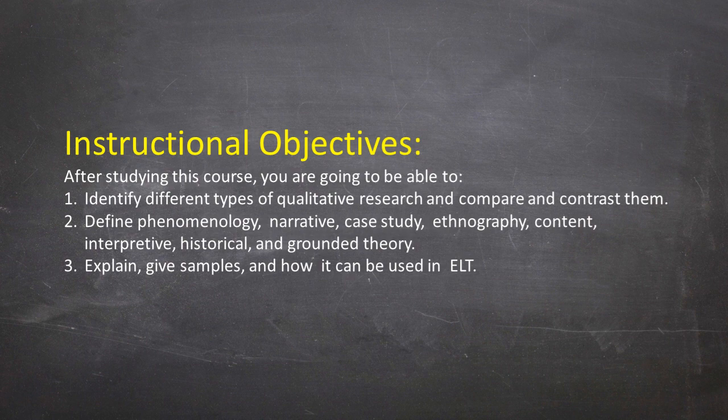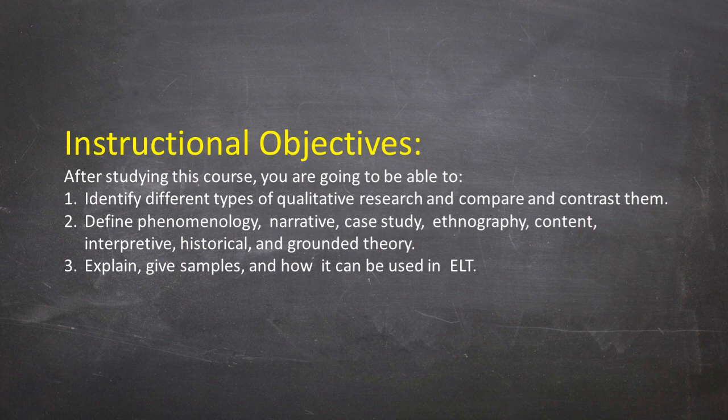In this course I provide 8 types of qualitative research methods: phenomenology, a narrative, the third one is case study, next is ethnography, content or document analysis, and then interpretive, historical, and the last one is grounded theory.